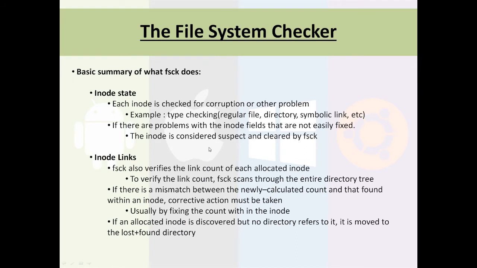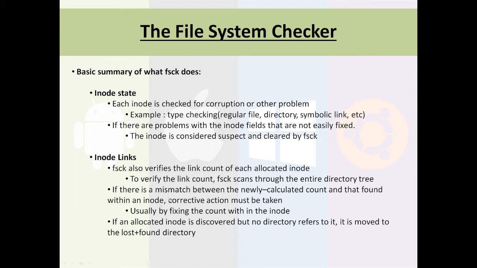Now the fourth one that we need to consider is our inode links. fscheck also verifies the link count of each allocated inode. As you may recall, the link count indicates the number of directories that contain a reference, a link, to a particular file.